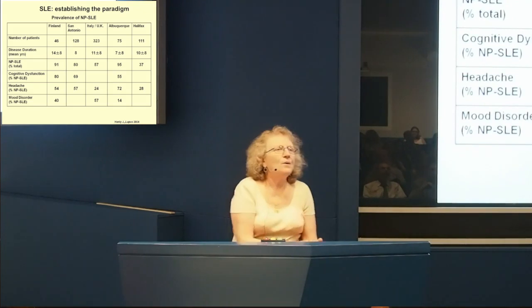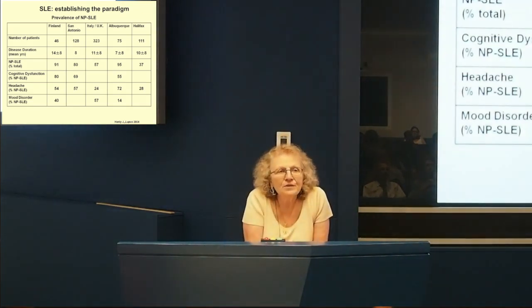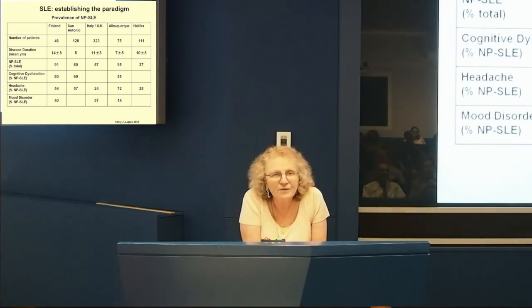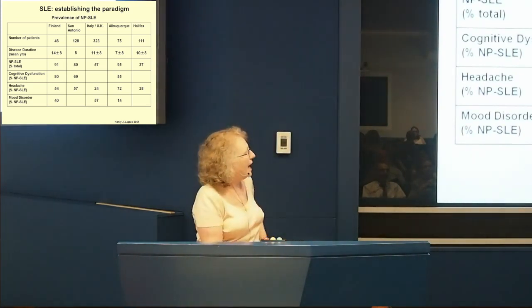Okay. It's been known for some time that individuals with an autoimmune disease called systemic lupus, 90% of whom are women, usually get the disease in their 20s or 30s. About 20% of cases are actually pediatric.